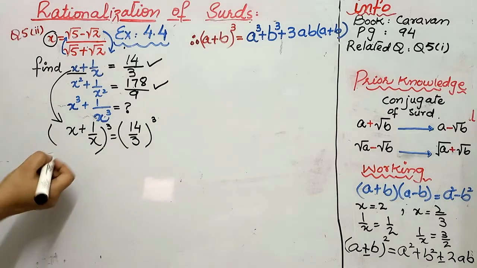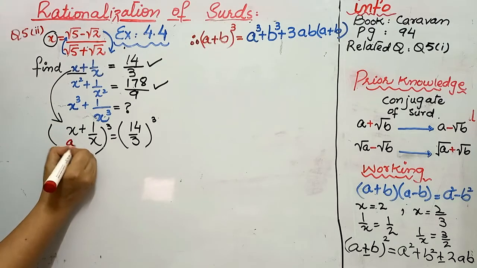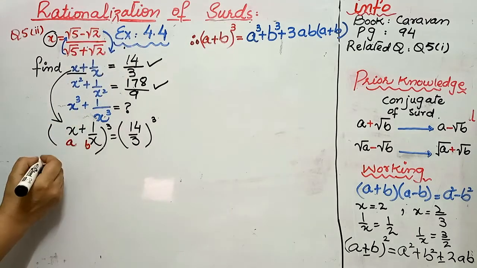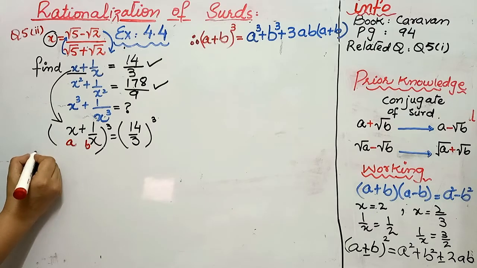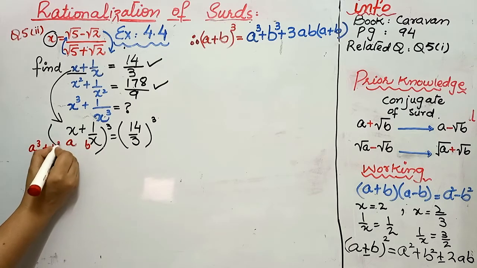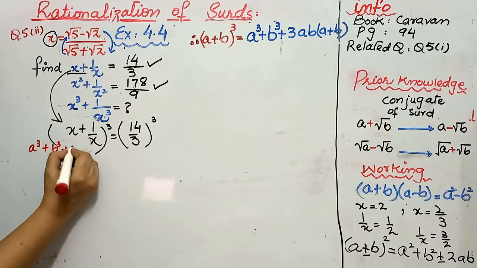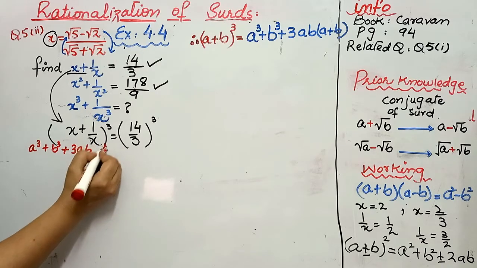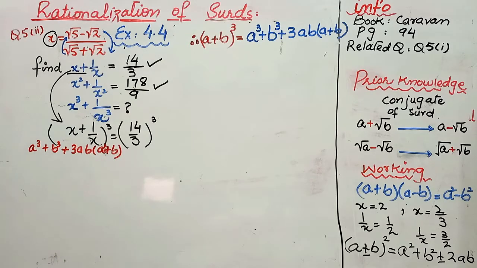So here let's take this as a and this as b. It will be a cube plus b cube plus 3ab into a plus b. This is the formula.